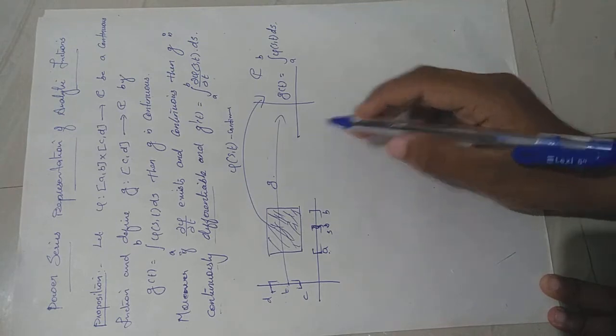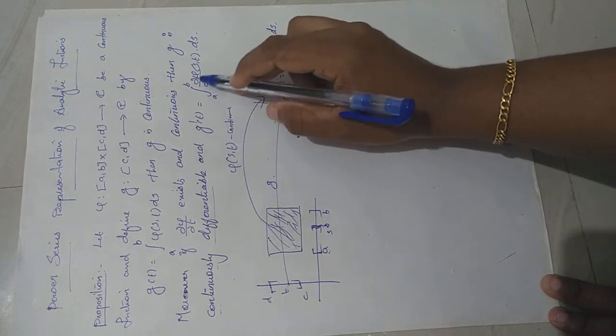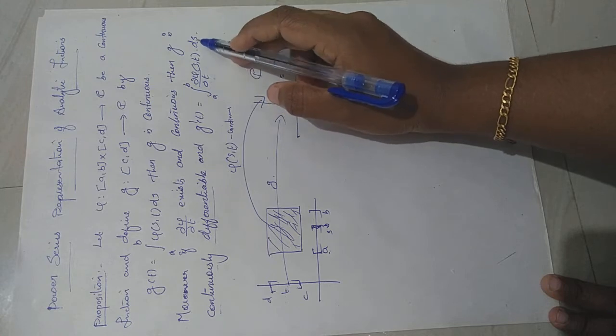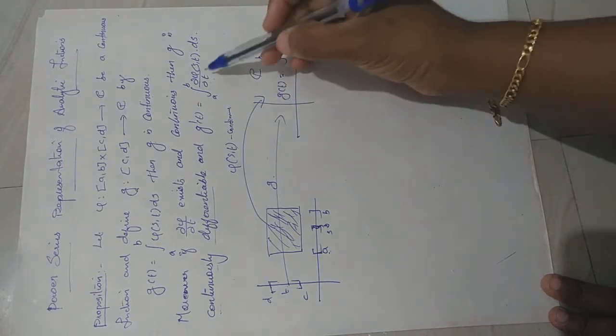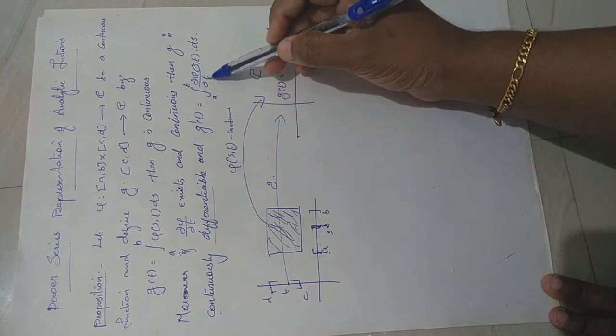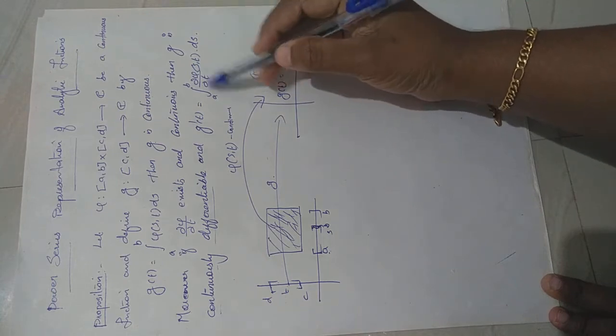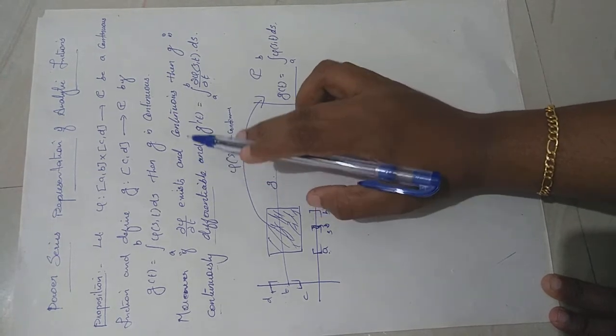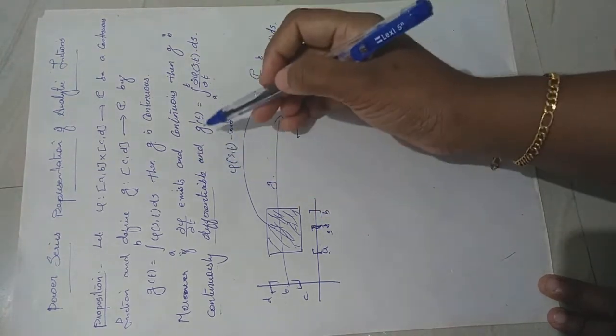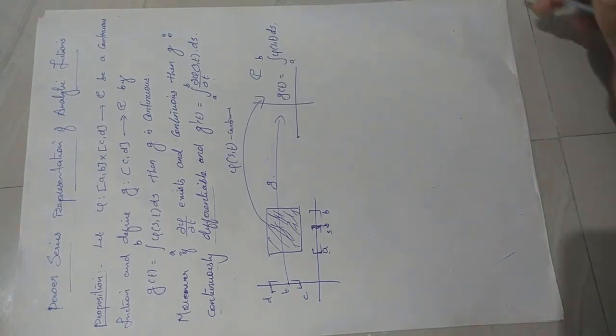And its derivative can be found by the integral from a to b of the partial derivative of psi with respect to t, at (s,t), ds. That means the partial derivative of the function psi with respect to t, then you integrate from a to b, that will be the derivative of the analytic function g. Okay, so this is the theorem.